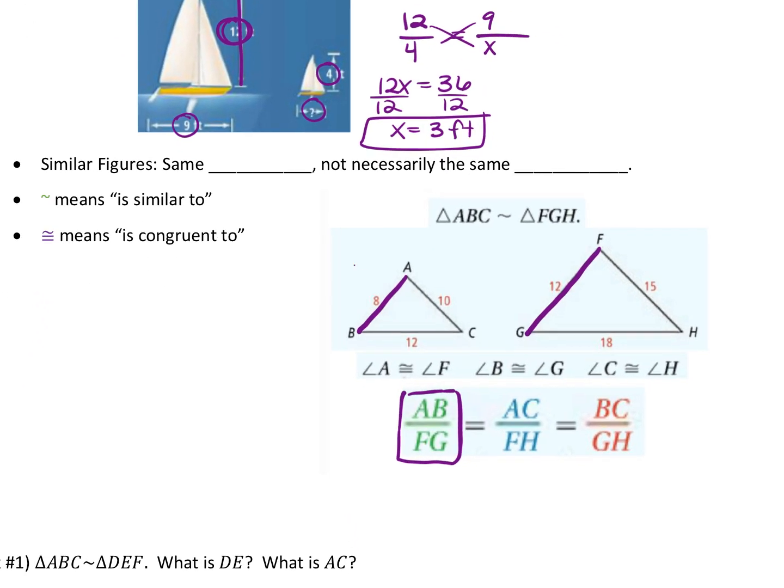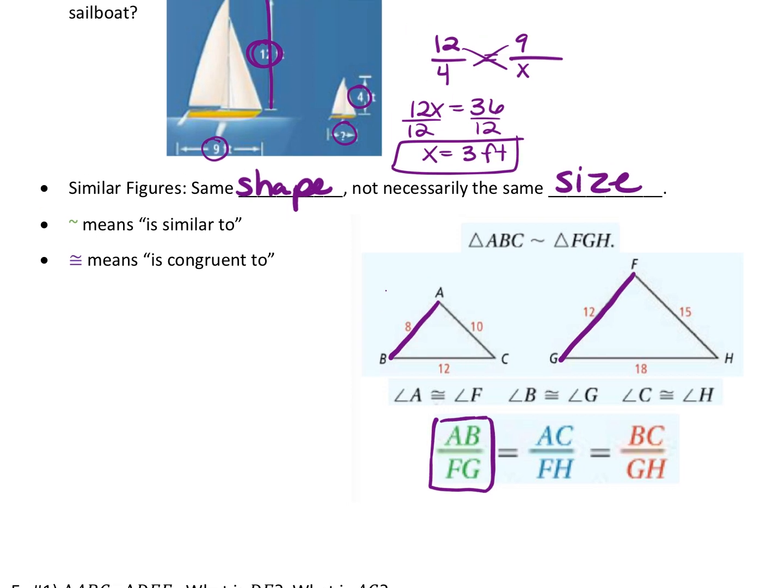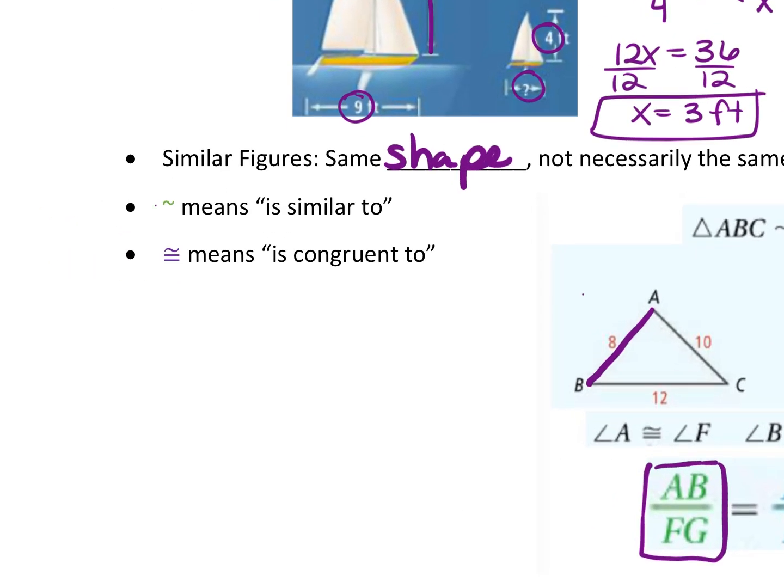Okay, so that's what we're doing today is similar figures. Similar figures will have the same shape, but not necessarily the same what? Size. Not necessarily the same size. Okay, so same shape, but not necessarily the same size. This little symbol, the tilde, is similar to when tilde.